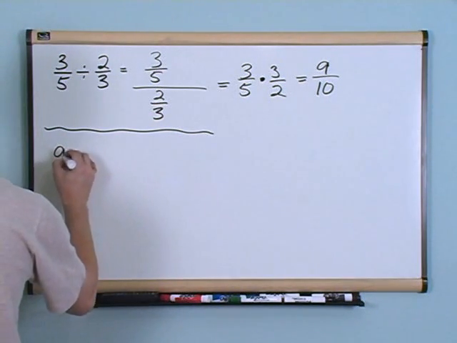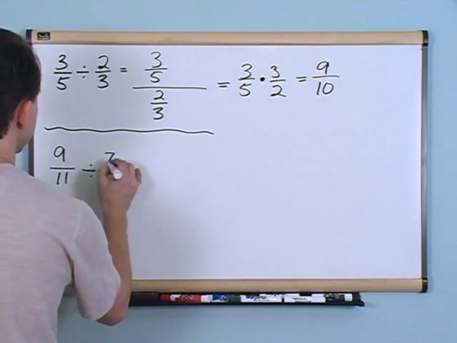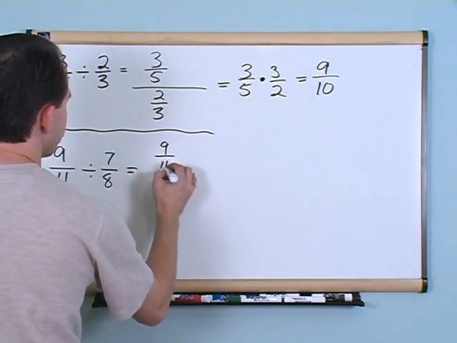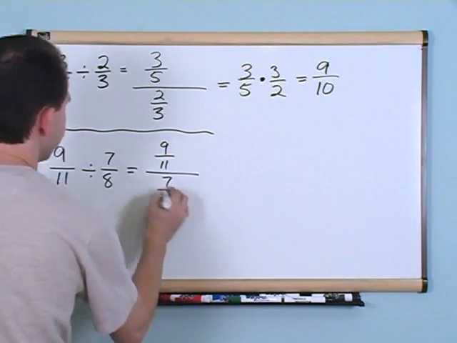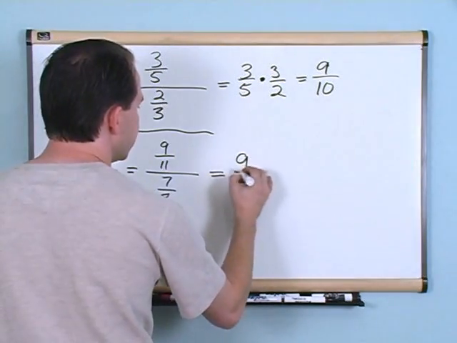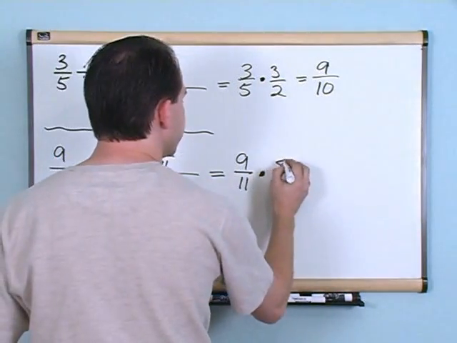So what if I had 9/11 divided by 7/8? Well, that's just going to be 9/11 divided by 7/8. In order to change the problem to multiplication, I just write 9/11 times, and over here, 8/7.